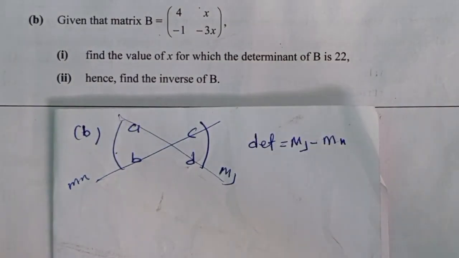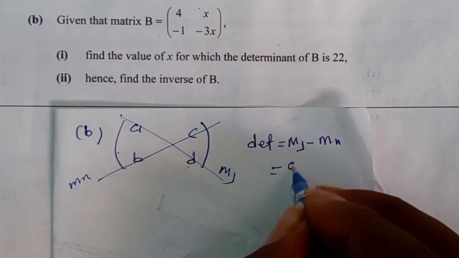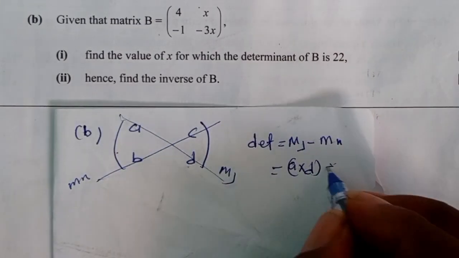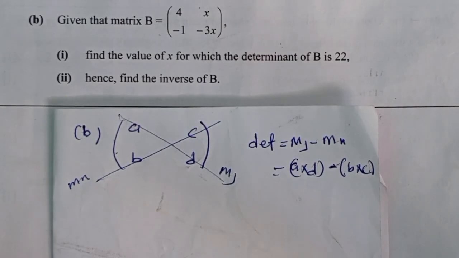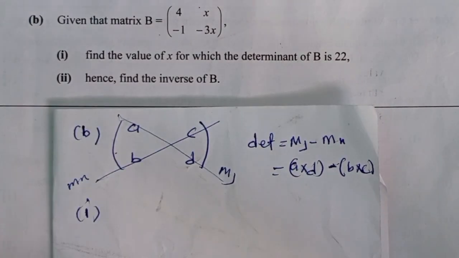The major diagonal is A and D, so it will be A times D, minus the minor diagonal, B times C. That is the formula that we are going to use. Remember, you need to start with the major diagonal minus the minor diagonal. Should you make a mistake, the answer will be wrong.